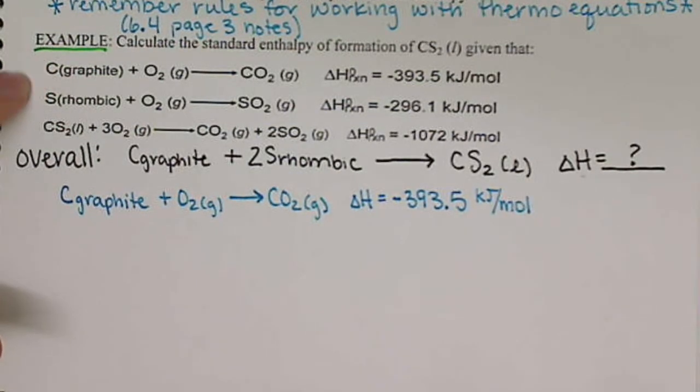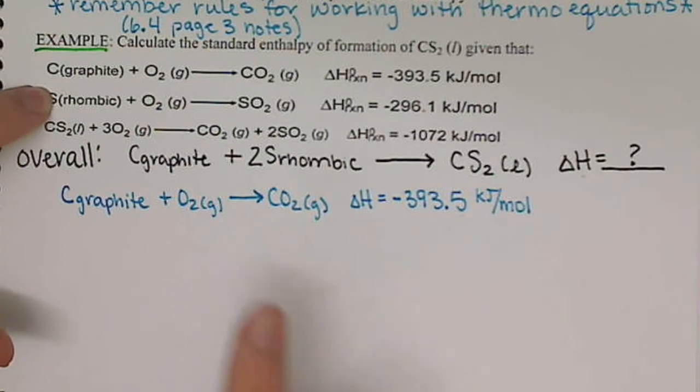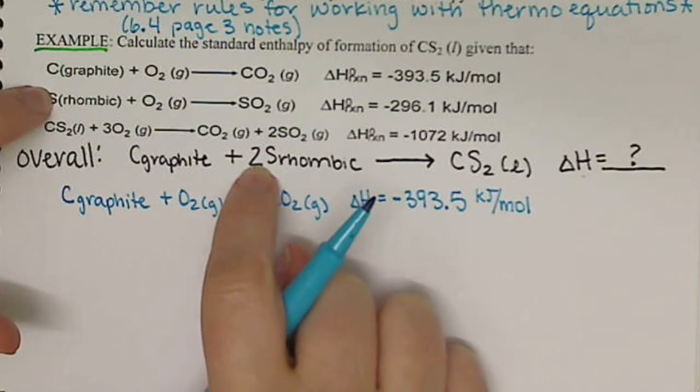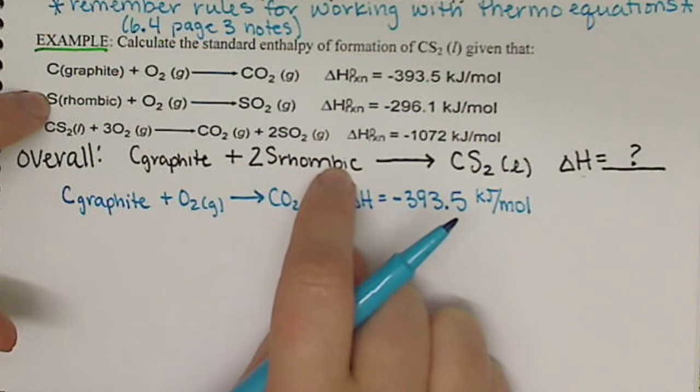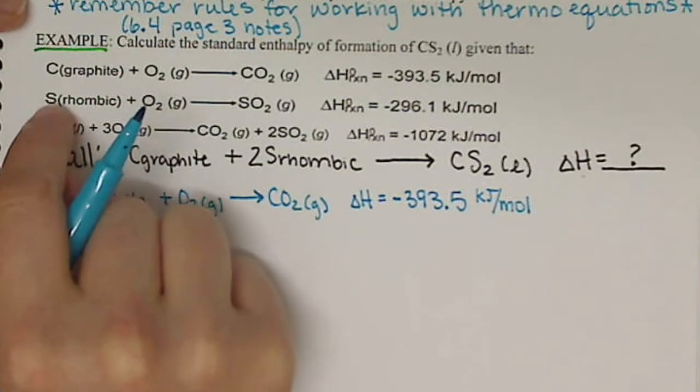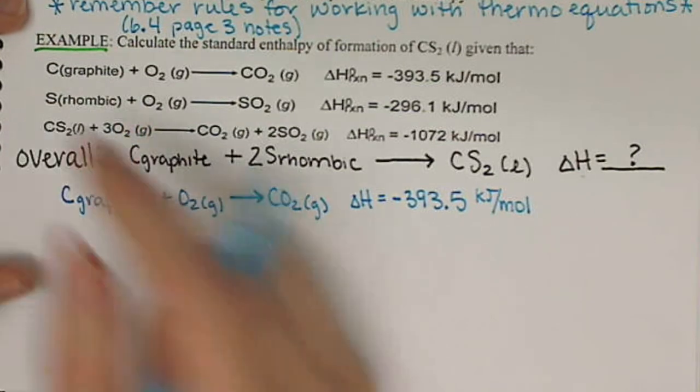So I took my first equation. Now I'm going to take the second equation and I'm going to multiply it by 2 because in the end I need 2 sulfur rhombics. Okay, and the only way that I'm going to get those is by multiplying this by 2.